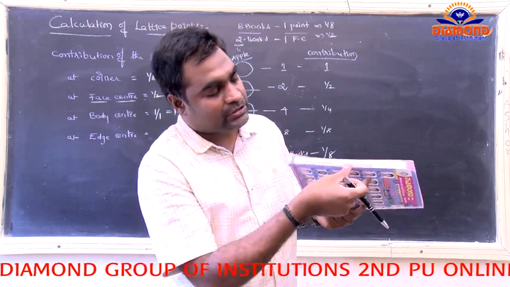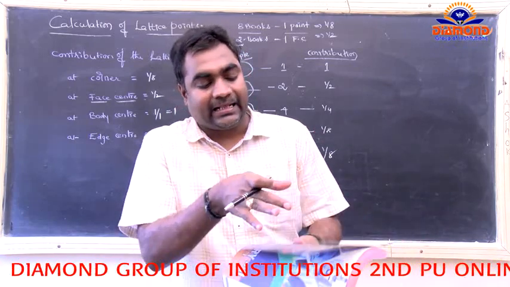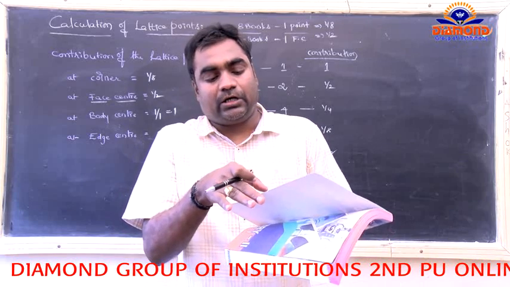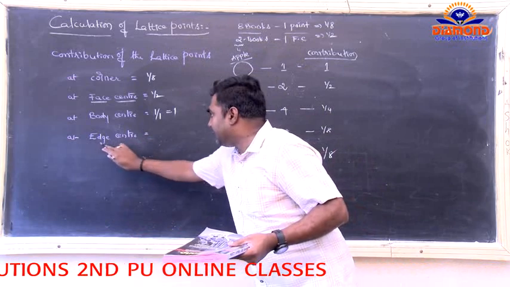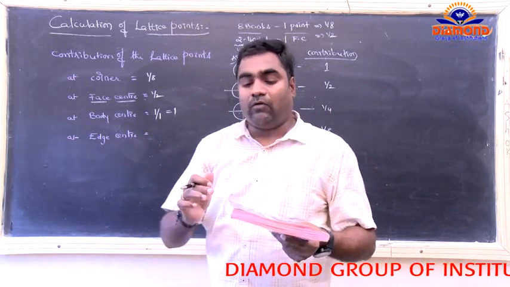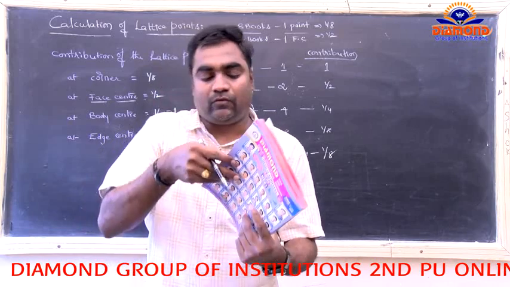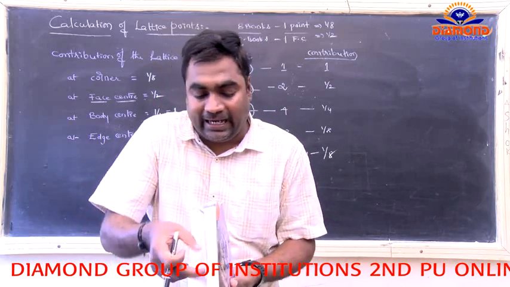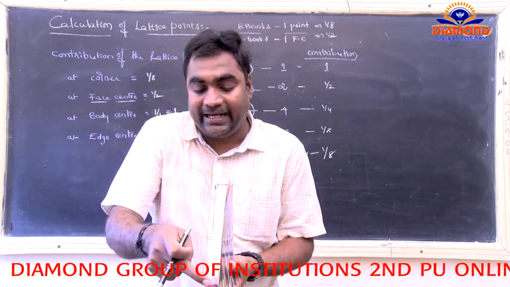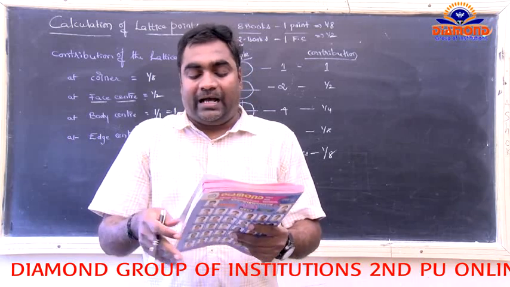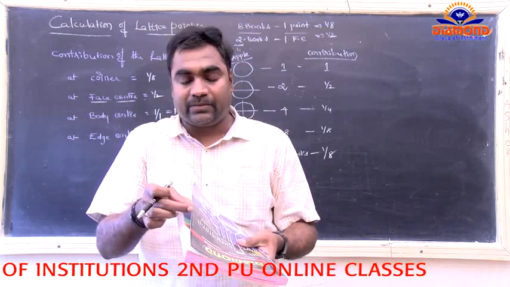Here this belongs to the edge, this belongs to the edge and this belongs to the second edge. So we have to choose one point at the edge center. So here is one edge, and here is another edge. Now I am choosing one point at this edge center. So here is the point.